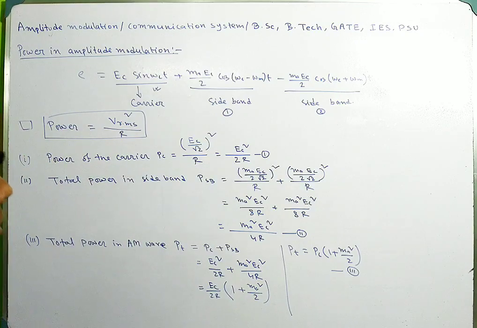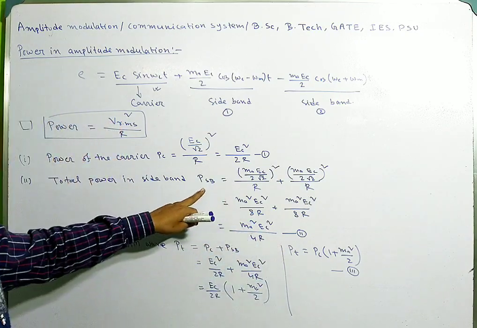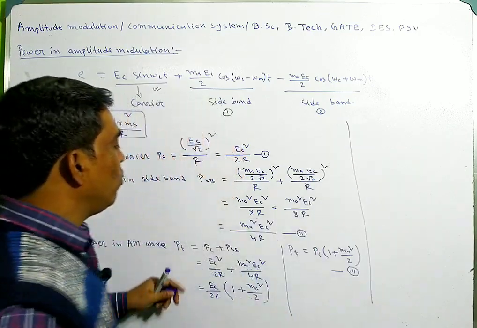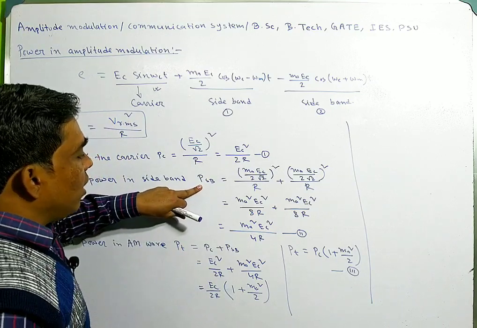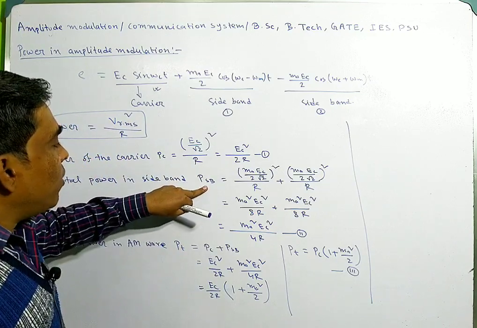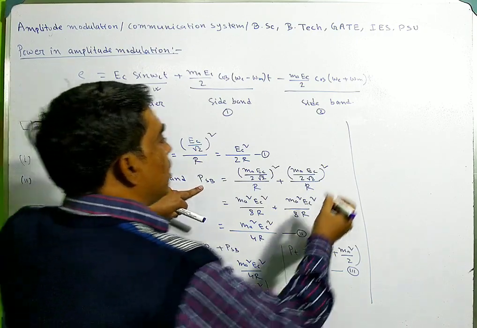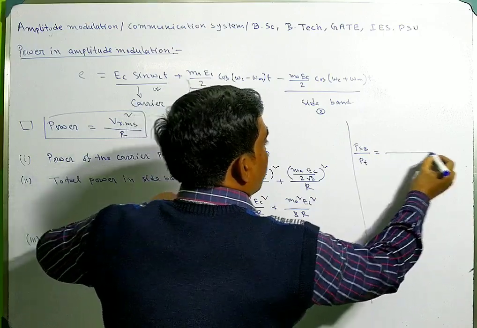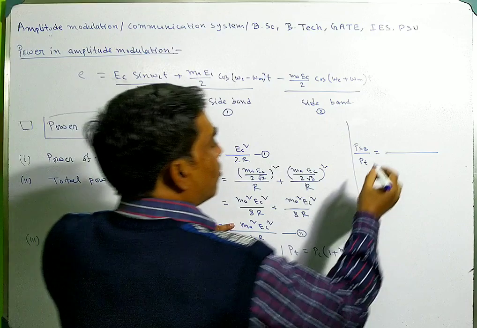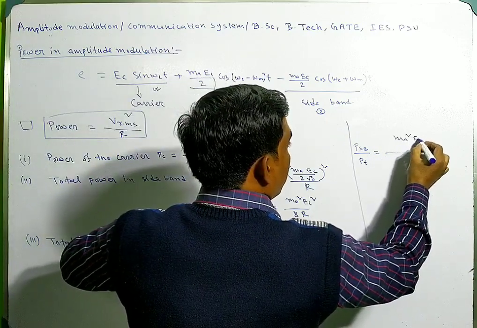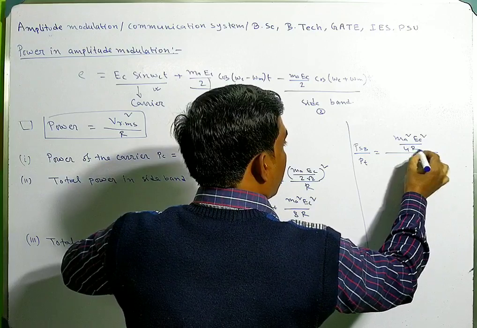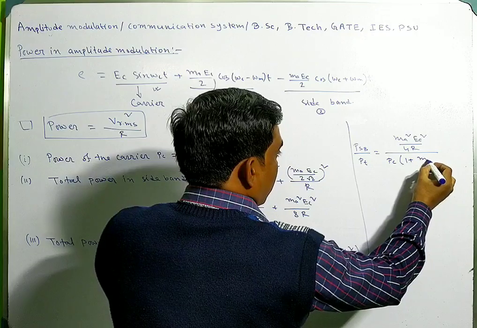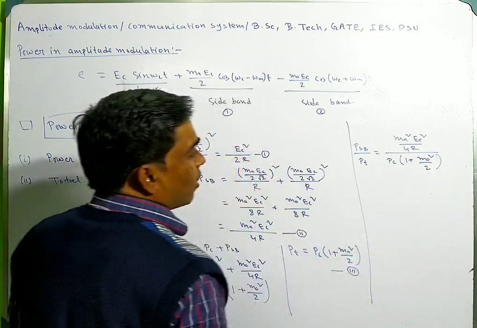Now we will relate the total power to the sideband power. If I relate this sideband power with the total power, it can be written as PSB divided by PT. PSB can be written as m squared Ec squared by 4R, and PT can be written as Pc into 1 plus m squared by 2.